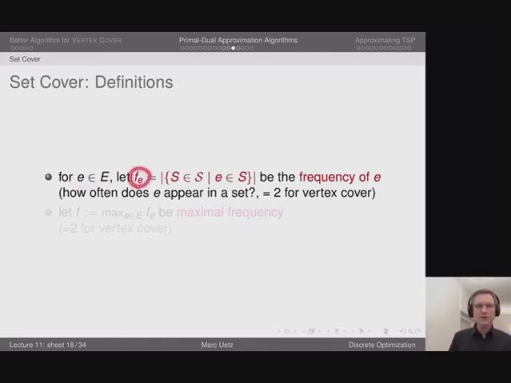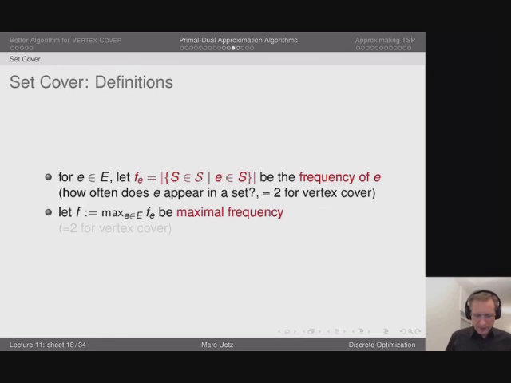And Fe is just how many subsets contain element E. Okay, so that's the number of subsets that contain element E. Let's call that the frequency of an element E in this collection of subsets. And notice that this is exactly 2 for the vertex cover problem, simply because an edge has 2 vertices incident with it. So that is, that edge E appears in 2 subsets that I could select.